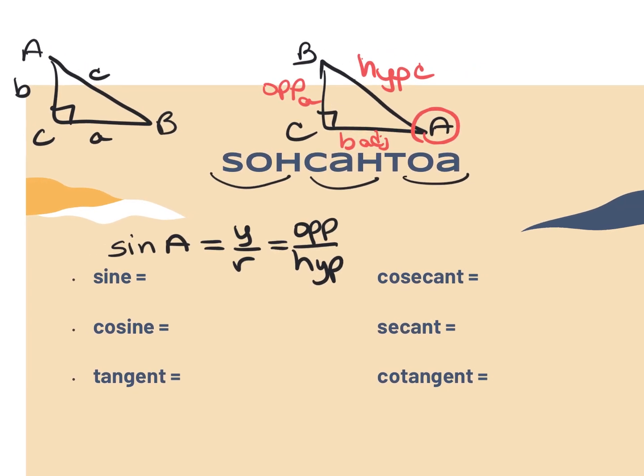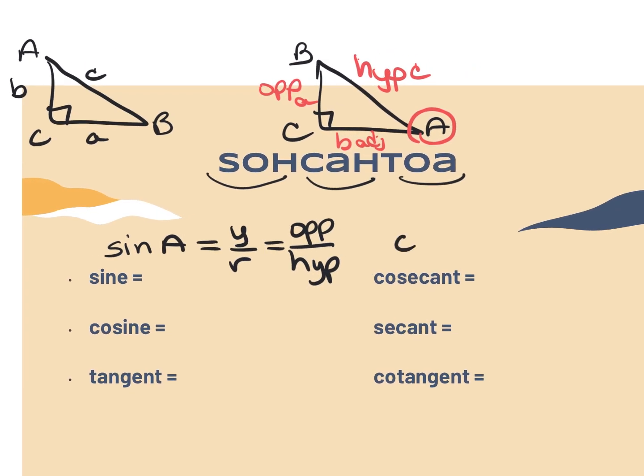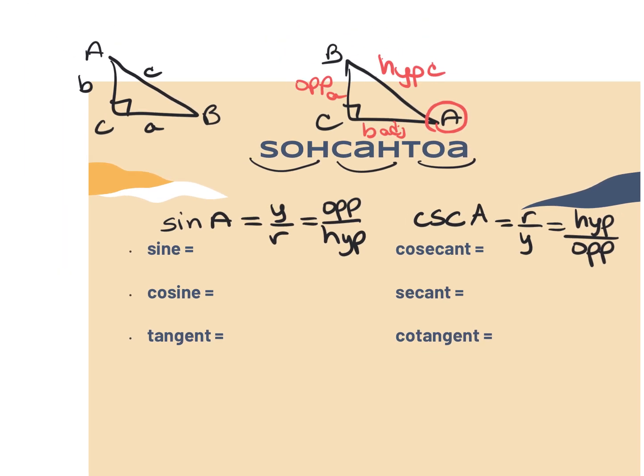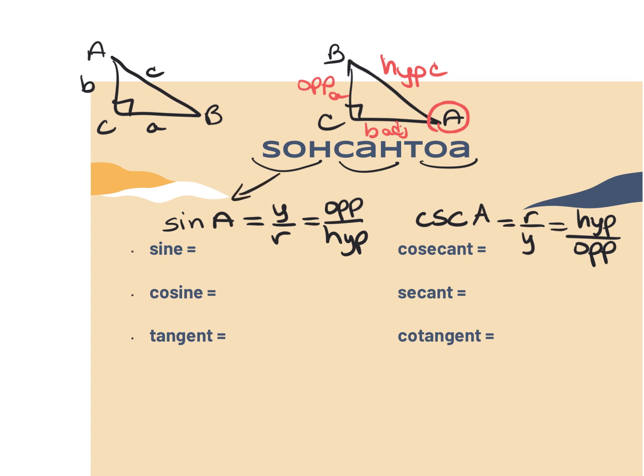And then for cosecant, we saw this already as CSC, and again, in relation to angle A, it would be flip that, r over y, or hypotenuse over opposite. You just flip the fraction. Then that would be using the SOH part of it. And then for the next one, the CAH, that's going to be my cosine.